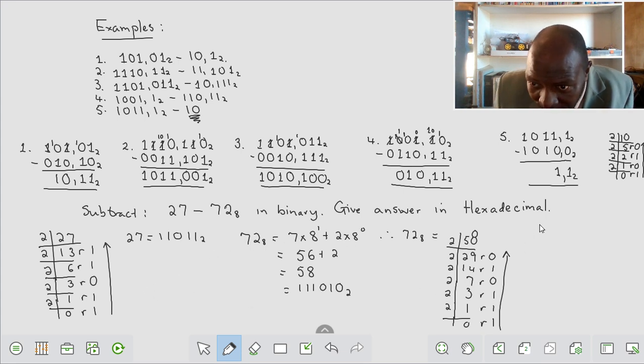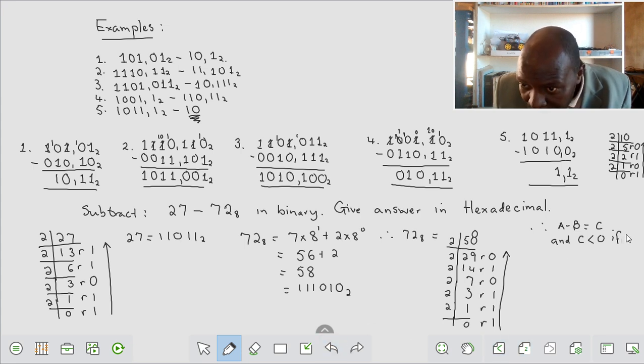But we do know, by the way, that A minus B is equal to C, and C is negative, less than 0, if B is greater than A. I know that 2 minus 3 is actually minus, call this 3 minus 2.